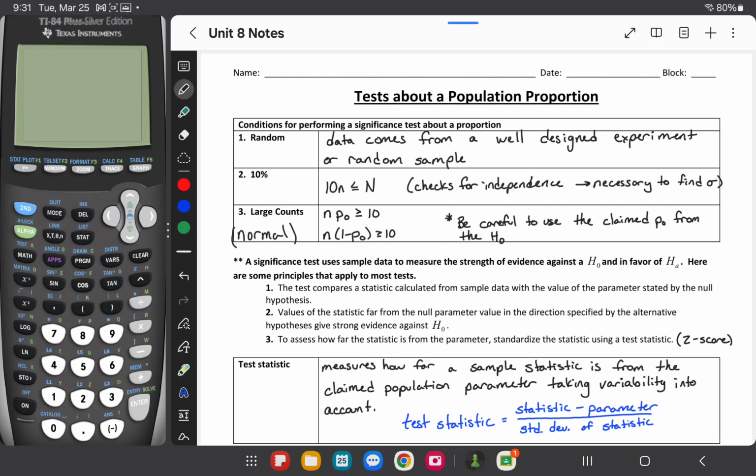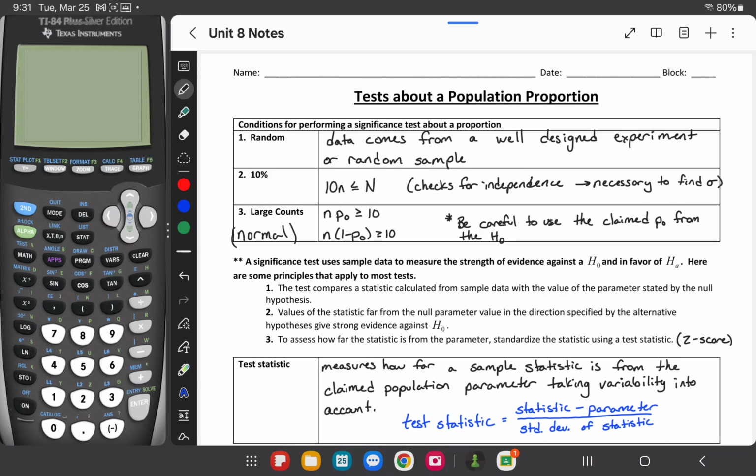So let's talk about a few other things with significance tests and the basics of what they do. A significance test is where we're using sample data to determine whether or not we have enough evidence against our null hypothesis in favor of whatever our alternative is. Some basic principles that apply to those tests: first, a test compares our statistic from our sample with the parameter of the null hypothesis.